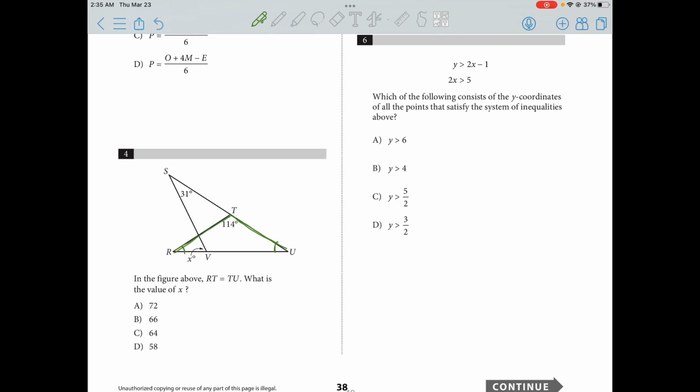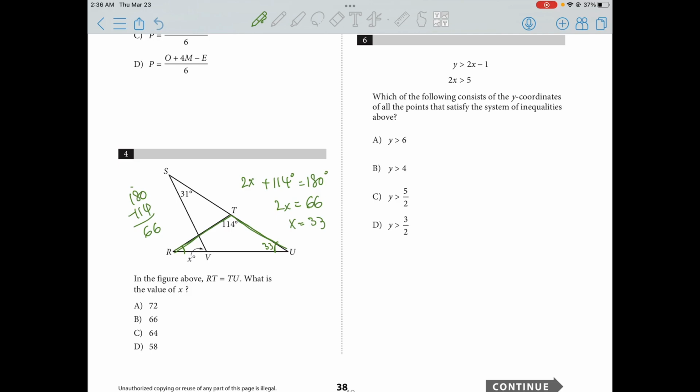Well, we know that the sum of the angles in a triangle is 180 degrees, right? We already have 114 degrees. All we have to do is add the two angles, which we can represent by 2x. So 2x, what would that equal to? So 2x equals 66, so x equals 33.